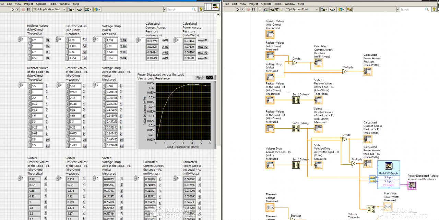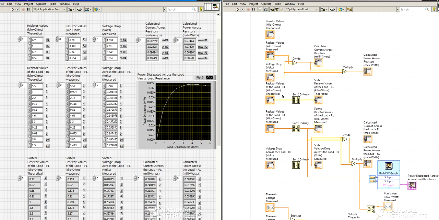Don't be confused where it says sort 1D array. What I've simply done is I've sorted each one of the arrays that you see that I'm circling with my cursor in the front panel. I just sorted them in ascending order. And I've ensured that all the values, when they're sorted, continue to match, which is consistent if you think about it.